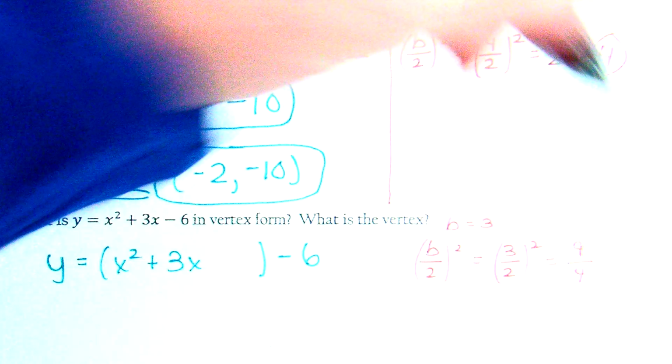So it's 3 over 2. Remember yesterday how I said it's always this value right here? Notice it still is, right? So this is a 3 over 2. Middle sign was plus, so this is a plus. So it's x plus 3/2 squared minus 6 minus 9/4.